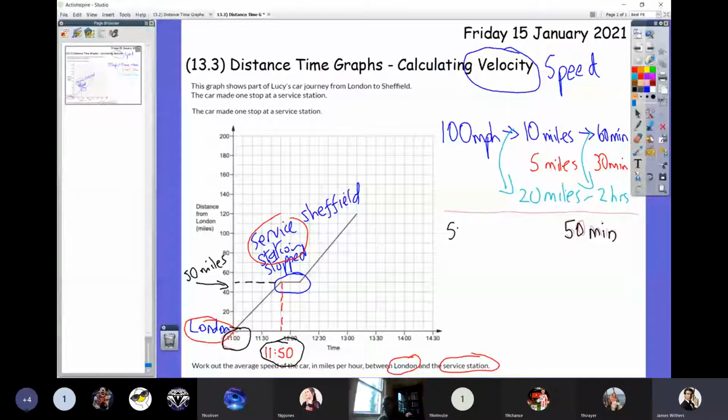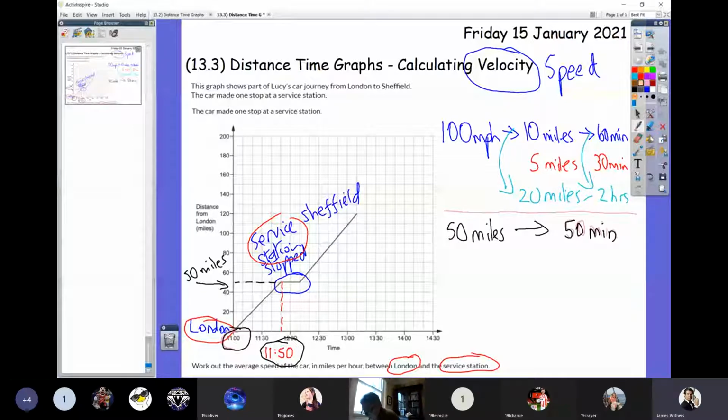So this is an easy one. I can easily see that I'm going 1 mile in 1 minute. So just by scaling down, that's 50 miles in 50 minutes, so 1 mile would be 1 minute, and so on.